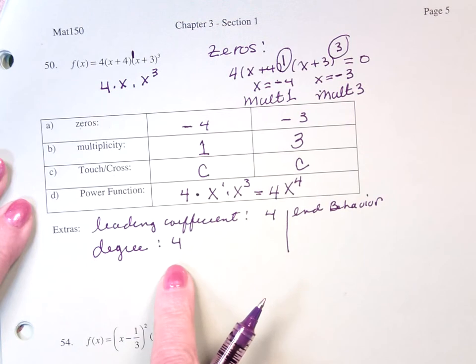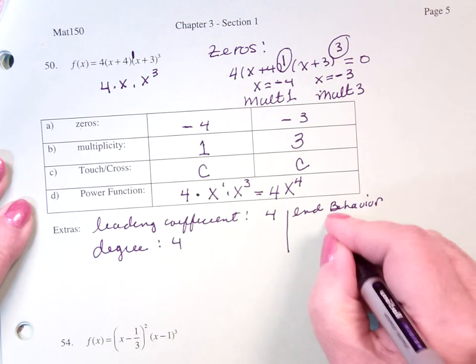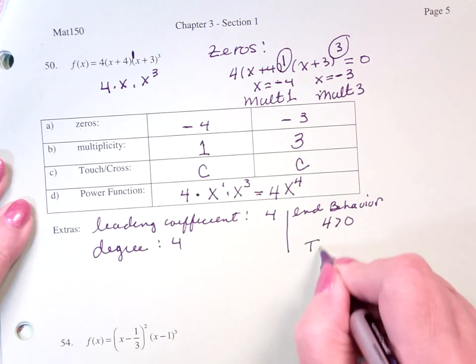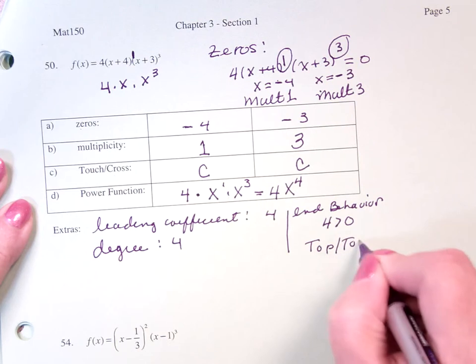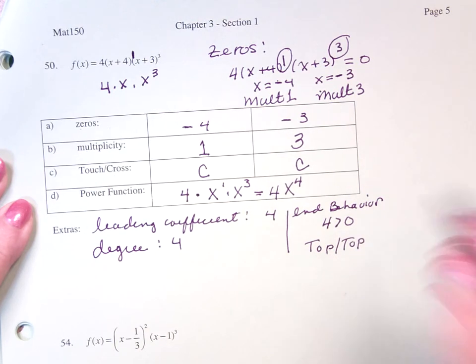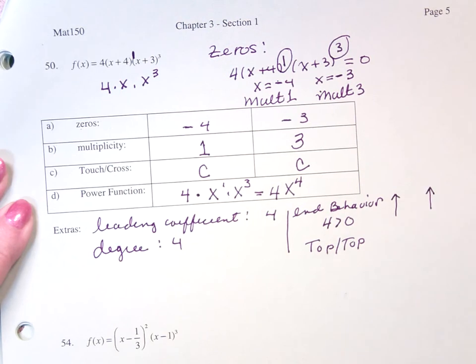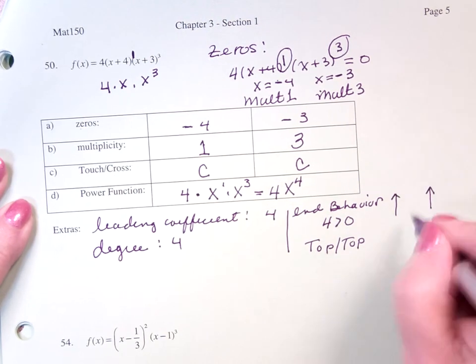If the leading coefficient is positive, it's either top, top, or bottom, bottom. What is it? Top, top. That says, I don't know what it does in the middle, but I know at the ends, it's that. And then it does stuff here.